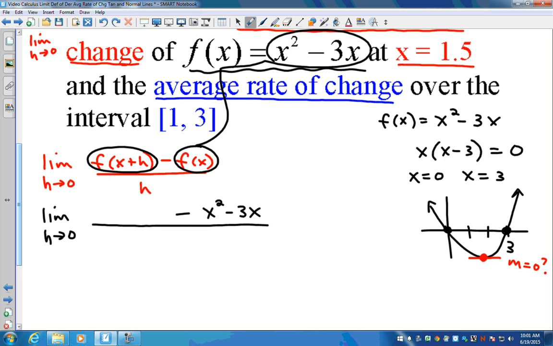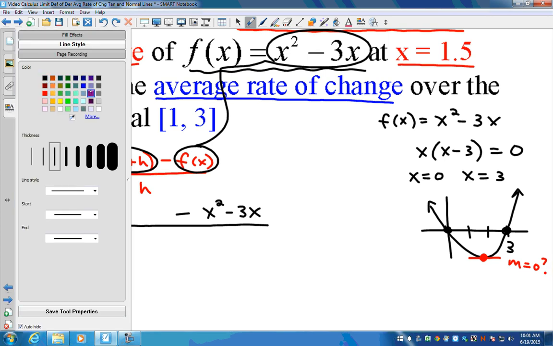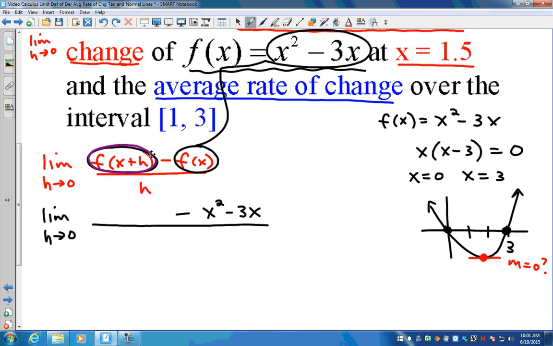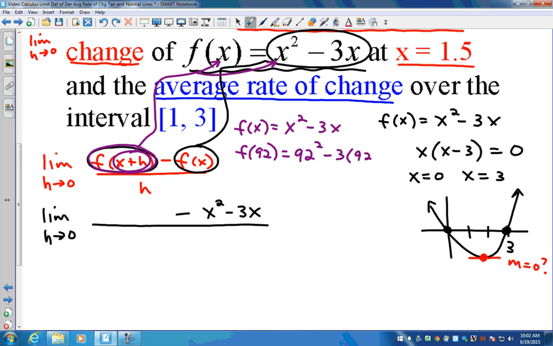All right, so what's f of x plus h? Well, f of x plus h is going to be taking x plus h and plugging it into this equation for x, right? So if this equation is x squared minus 3x, what's f of 92? Well, it would be 92 squared minus 3 times 92, right? What's f of a? Well, it would be a squared minus 3 times a.